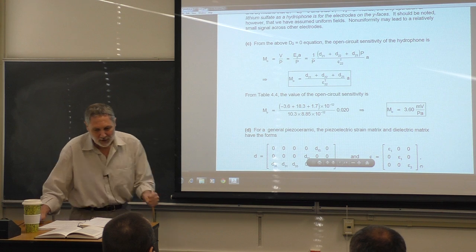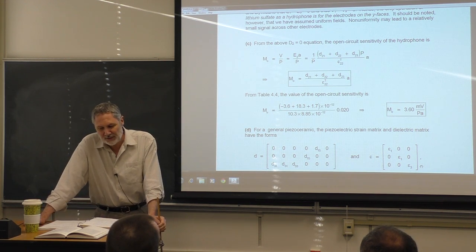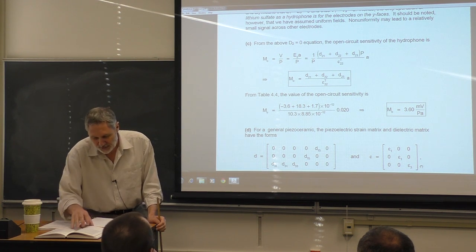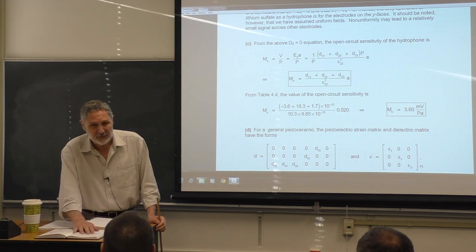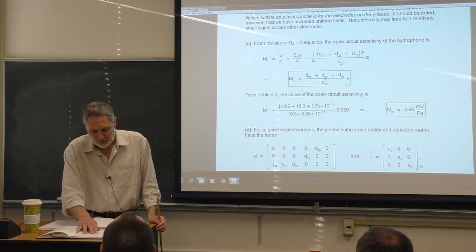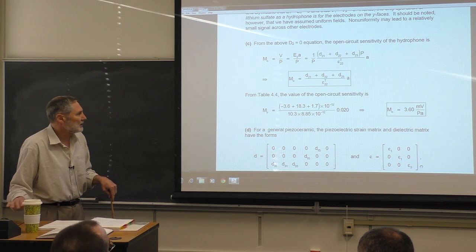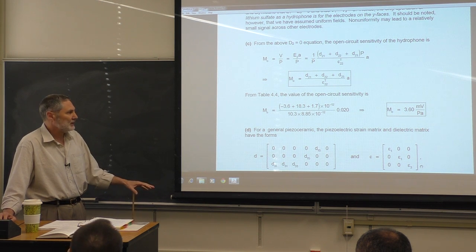Okay, so now what if the material were PZT5A? That turns out to be a Navy type 2 piezoceramic, and its properties are tabulated. So instead of lithium sulfate, we now have this.